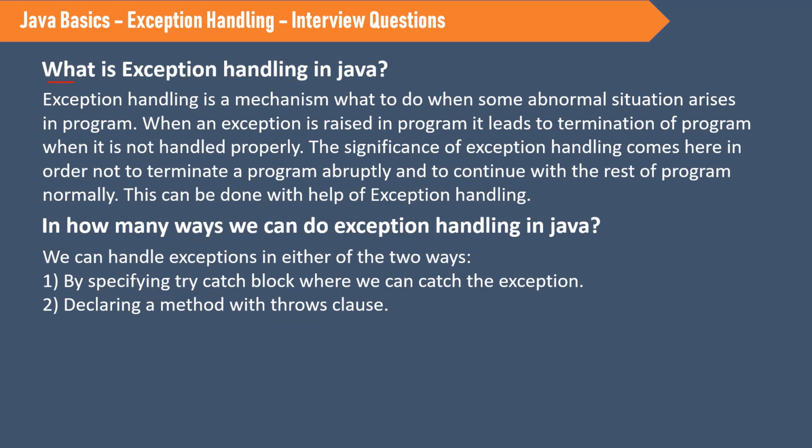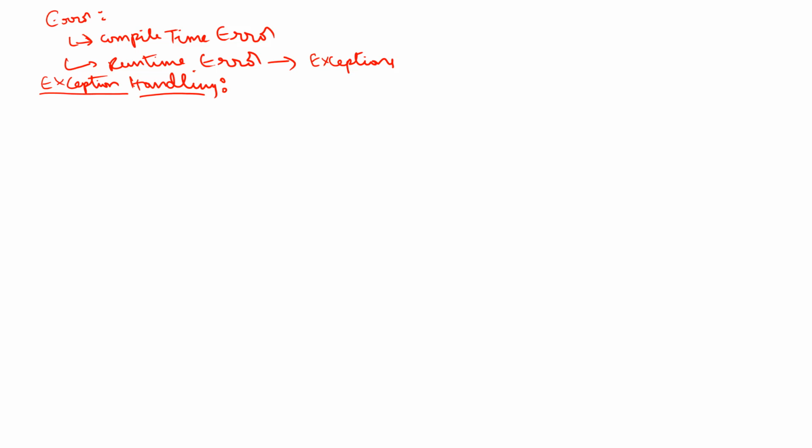Next question is, what is exception handling in Java? So exception handling is a mechanism of what to do whenever some abnormal situation arises in our program. For example, let's say I am dividing something with 0. So this is an abnormal situation.